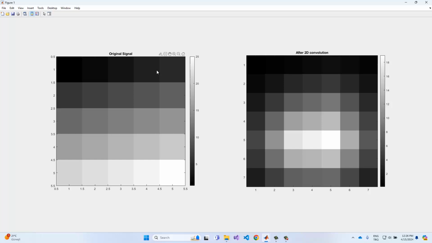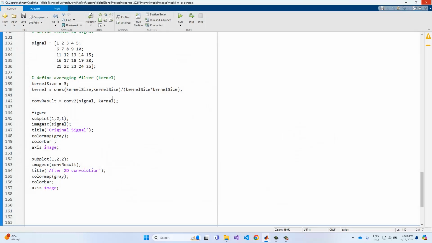See, we have the black tones in here up to the white tones at this time, but after the convolution operation, we will average all the patterns in order to what? In order to distribute it equally at each space, just like this one. Okay. So we can easily apply this algorithm based on this information. Okay.